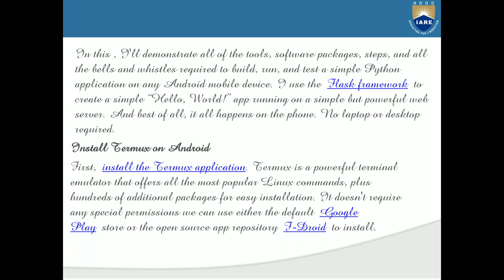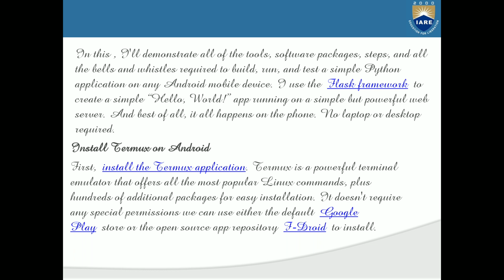Install Termux on Android. First, install the Termux application. Termux is a free and open source terminal emulator for Android, which allows for running a Linux environment on an Android device. In addition, various software can be installed through the application package manager.